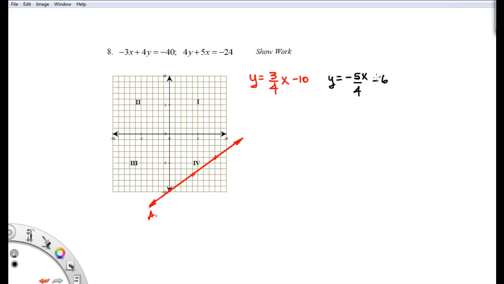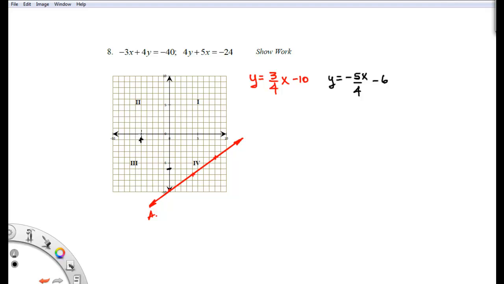So line B, I started at -6, and this is a negative slope, and I go down 1 2 3 4 5 over 1 2 3 4. Well, that's off the graph. So what I'm going to do is count backwards. I'm going to change this to a +5 and go up, and this to a -4 and go back to the left. So 1 2 3 4 5, then back 1 2 3 4.